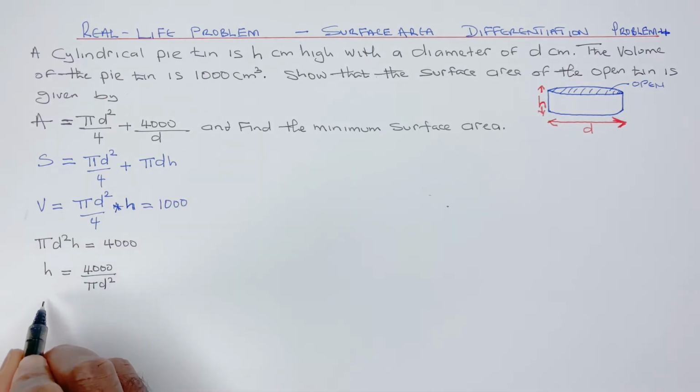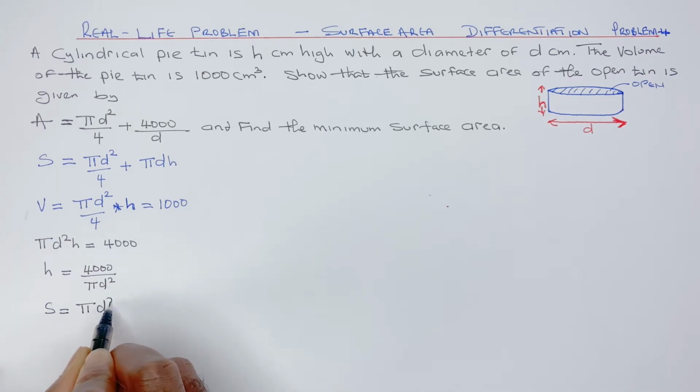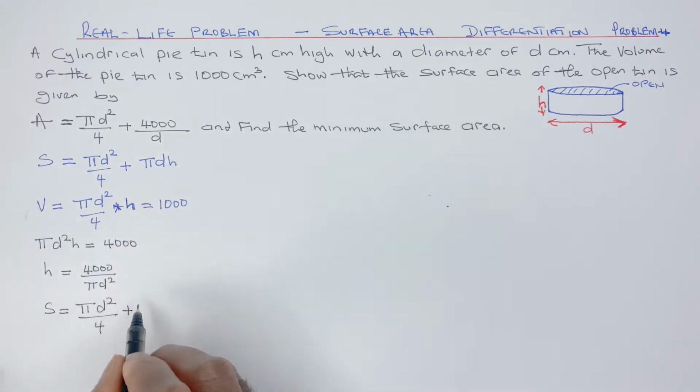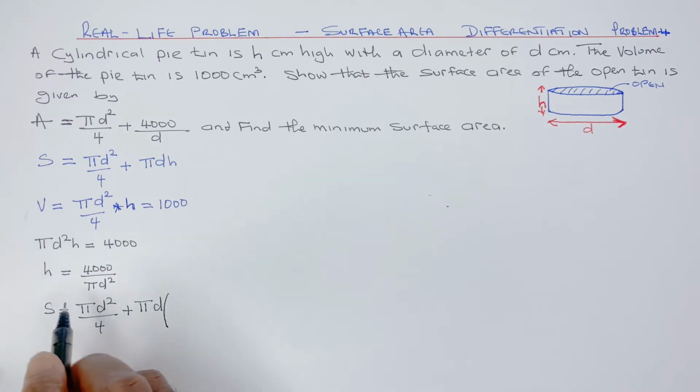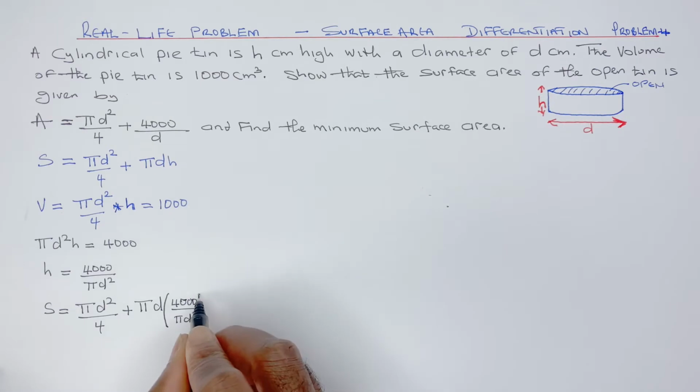So the surface area S is pi d squared over 4 plus pi d, open bracket, the h is 4000 over pi d squared, close bracket.